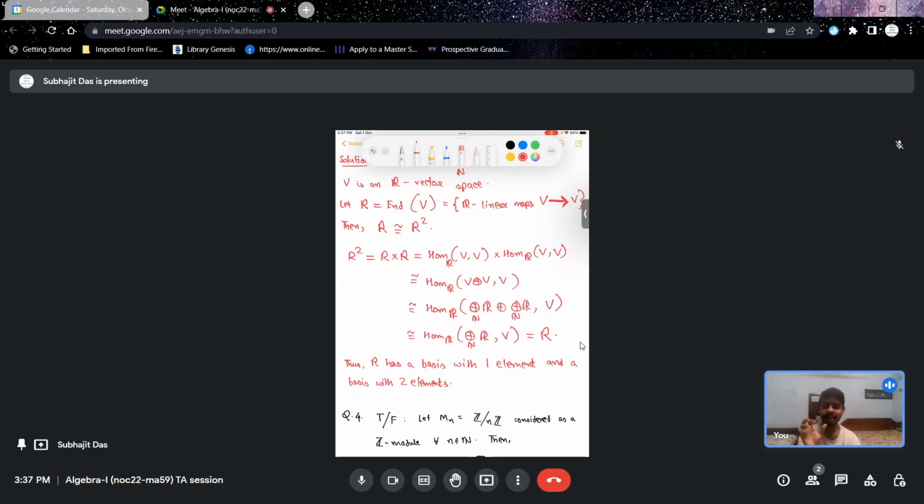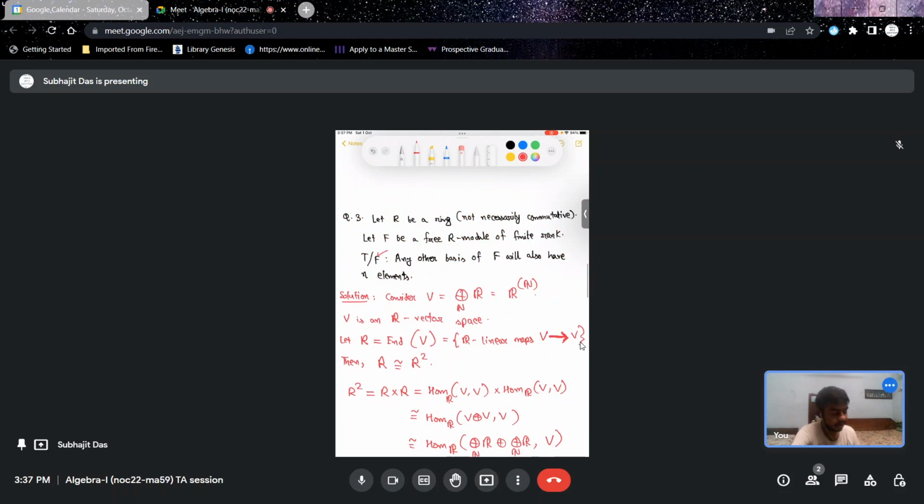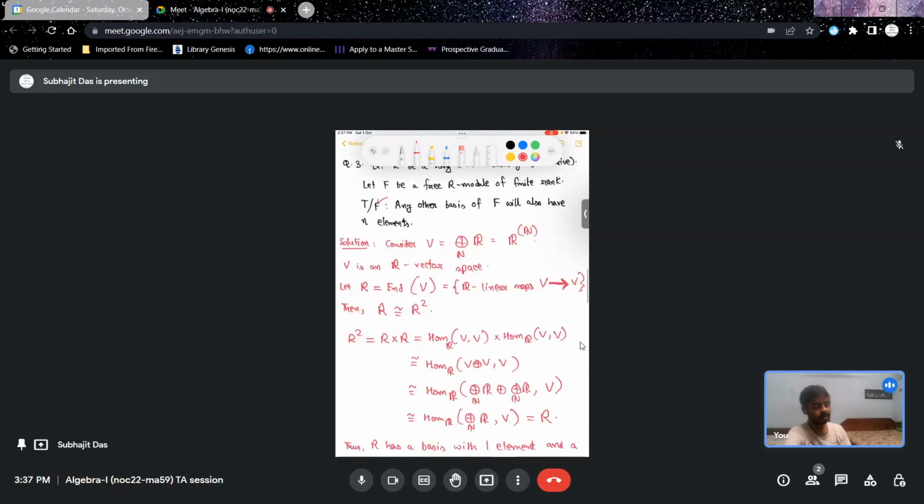Instead of taking a direct sum of two copies of V, you would be taking a direct sum of n copies of V, and you would apply the same argument. So that means that this ring R that we have constructed, which is precisely the ring of all endomorphisms of the object V, does not have the invariant basis number property.